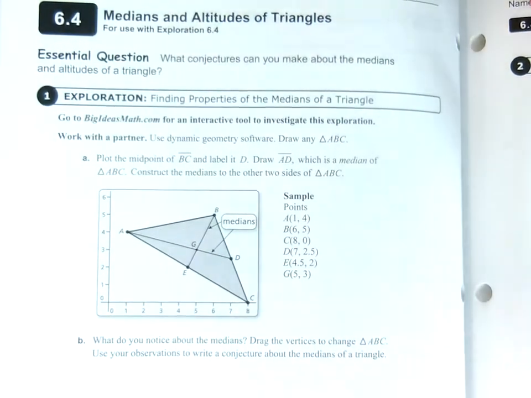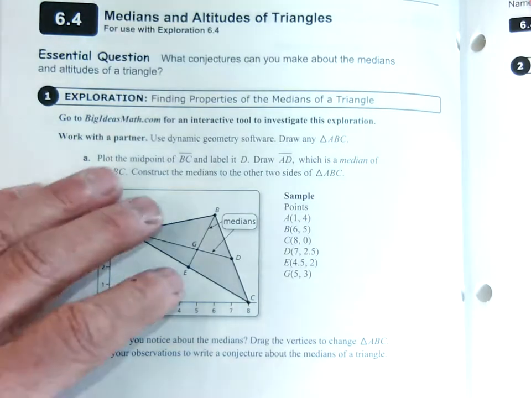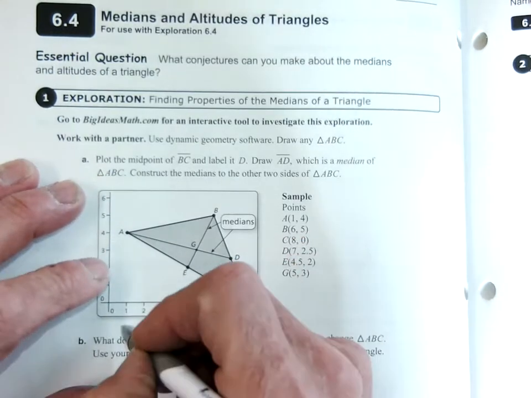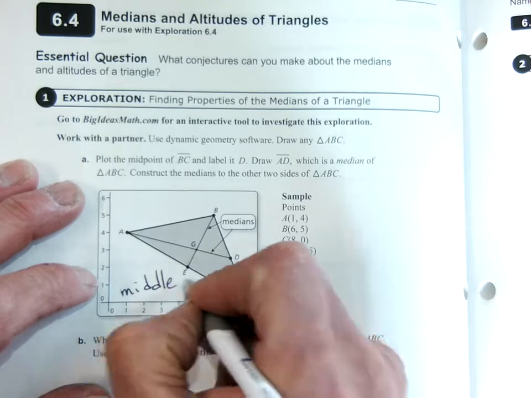So the journal does a nice job of drawing these pictures. On page 202, what we see is the median. The median goes to the middle of the opposite side.